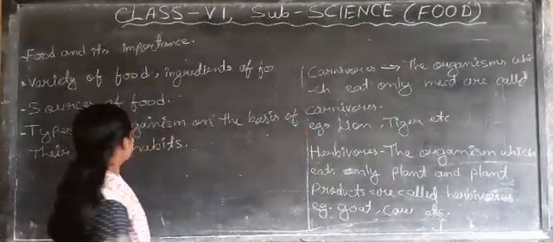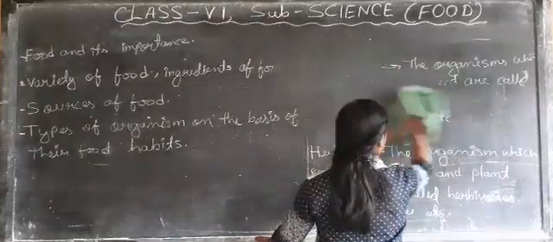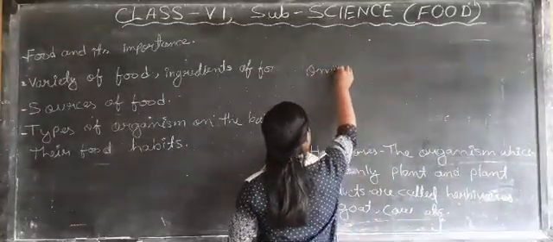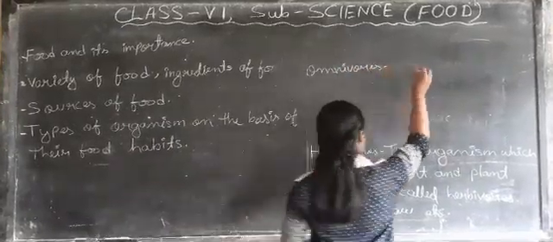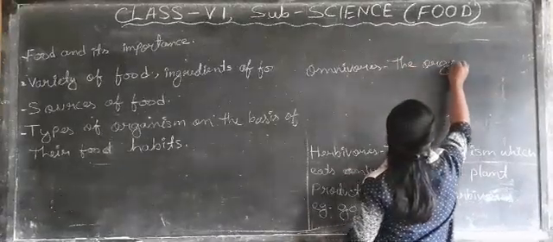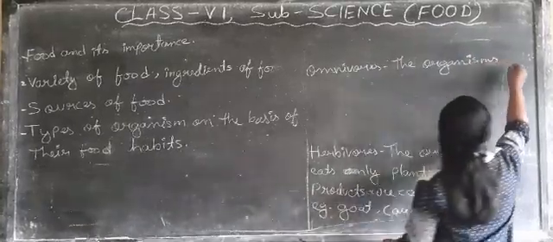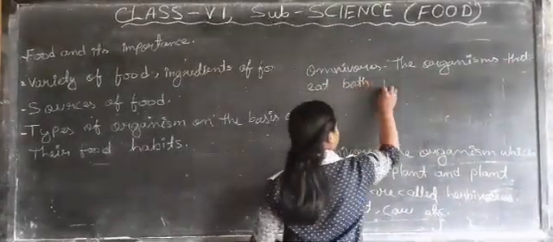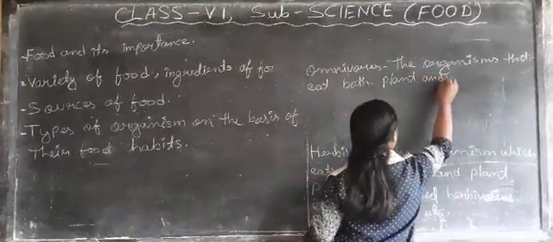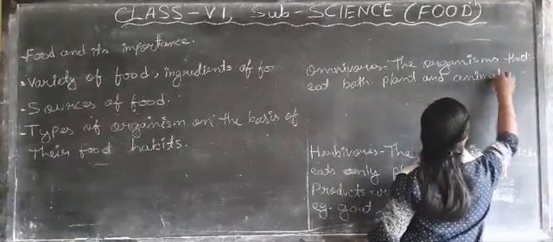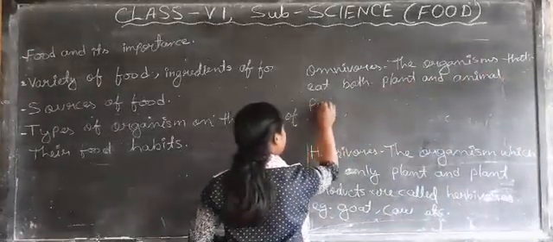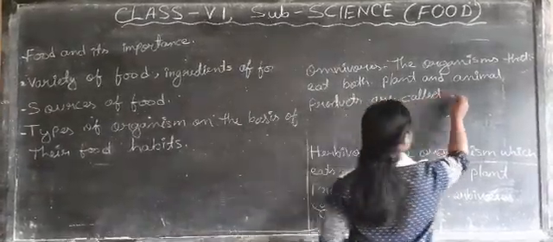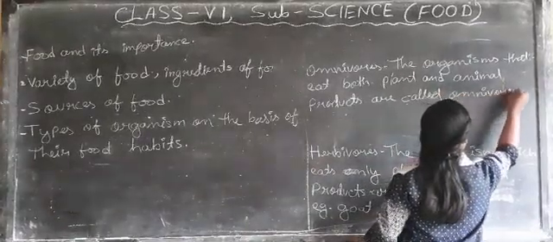Next is omnivores. Organisms that eat both plant and animal products are called omnivores.